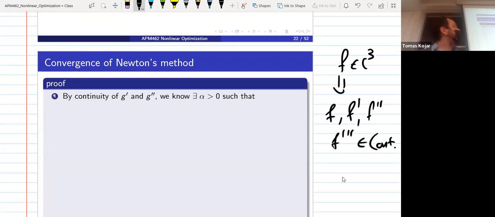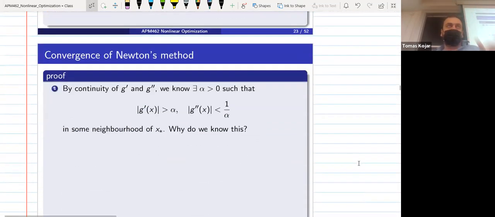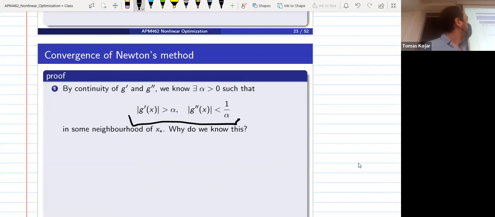The same is true for G prime, which is F double prime, and this is the triple prime. I'm going to prove to you that just by continuity, you have this bound.